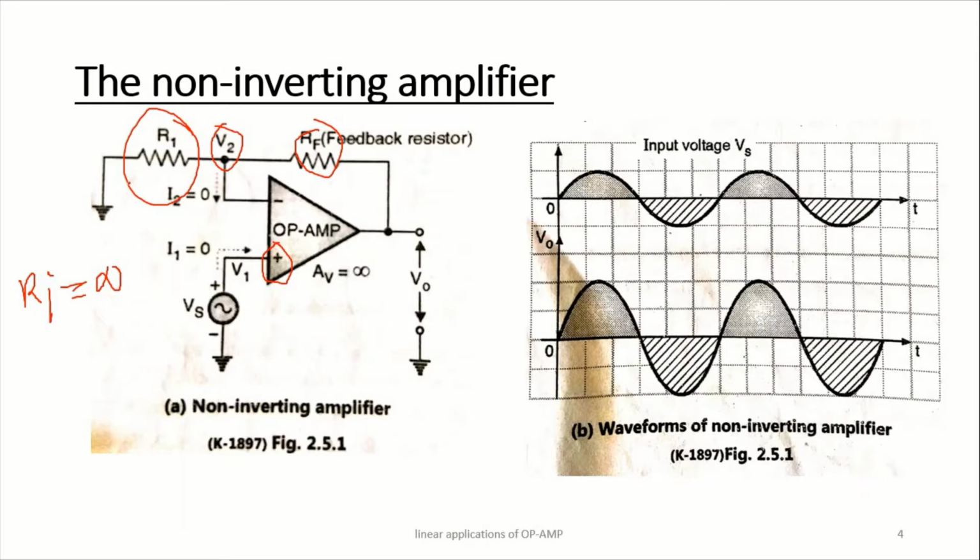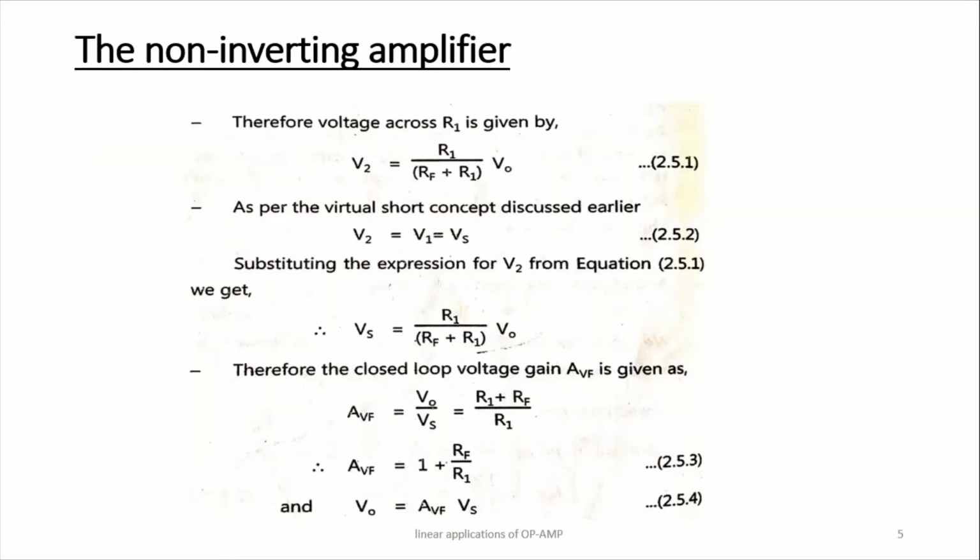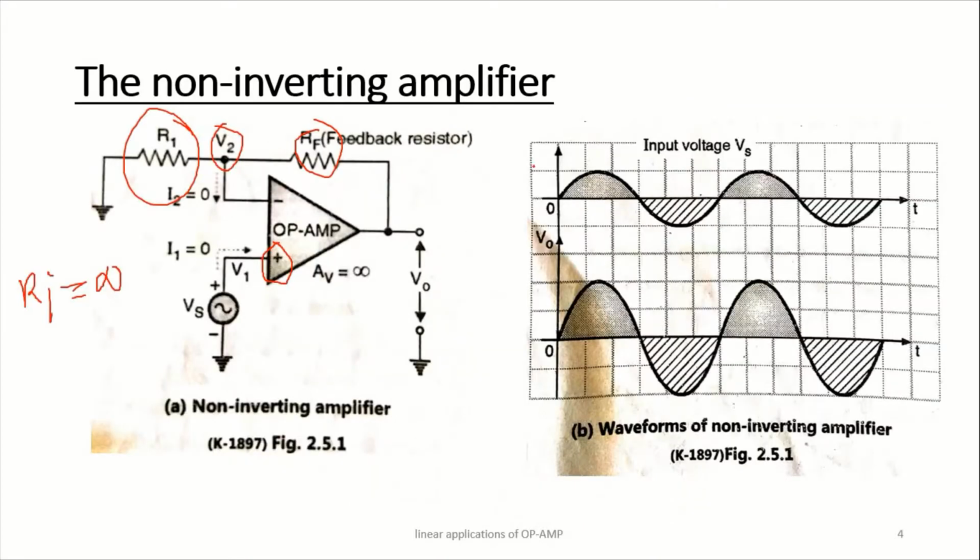V2 appears across this resistance. Therefore, V2 is written as R1 upon RF plus R1 into V0. This is the voltage divider rule. We have to write the equation for V2.